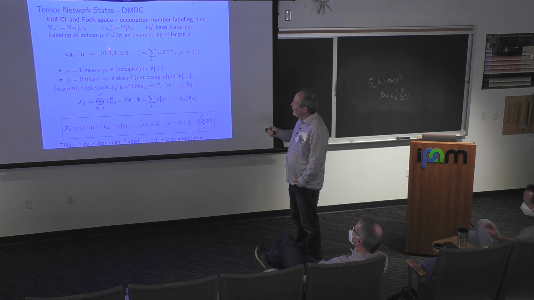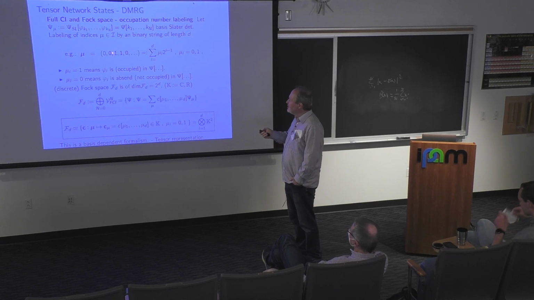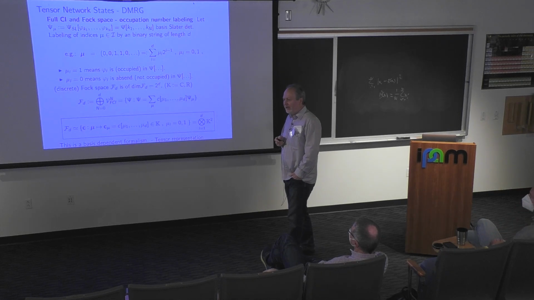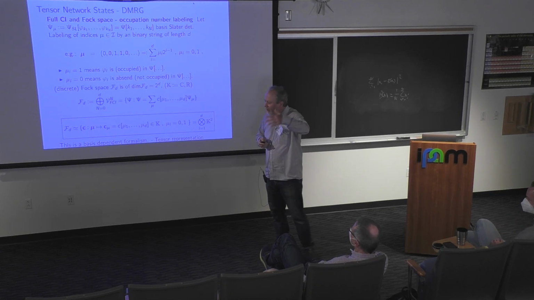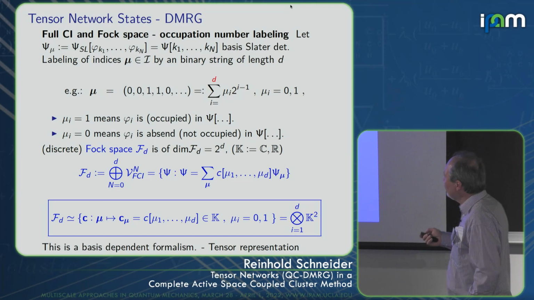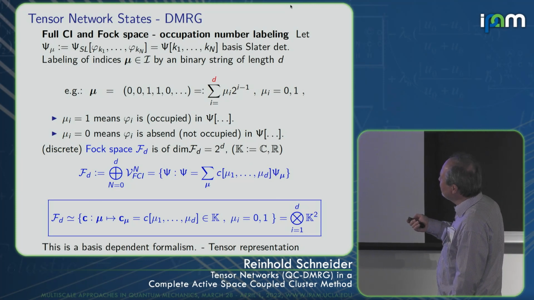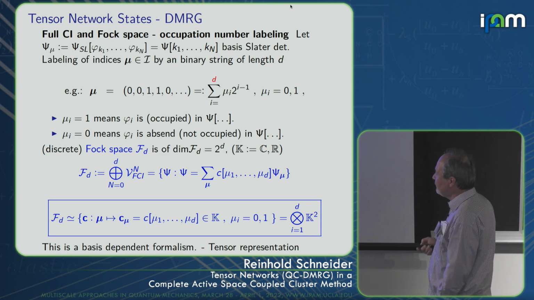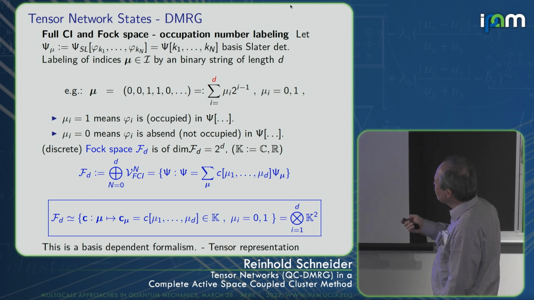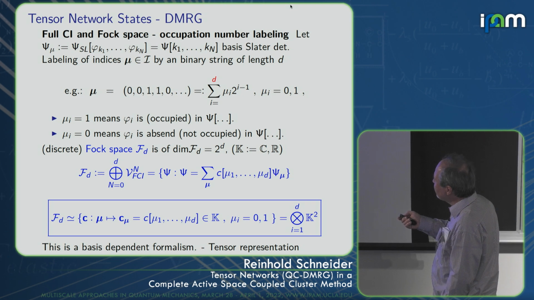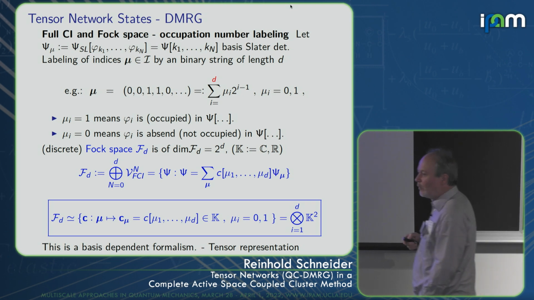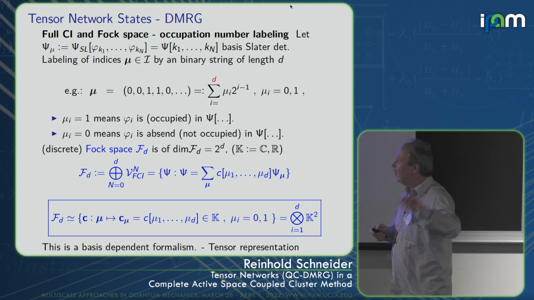So a one on the third position means that the third orbital, the third basis function, is included in the determinant. A zero means it is not included. These are qubits, so more or less you transform it into a qubit picture. Then you obtain many more possible combinations of Slater determinants. The Slater determinants we are interested in are exactly those which have exactly capital N ones. But we forget it at the moment.